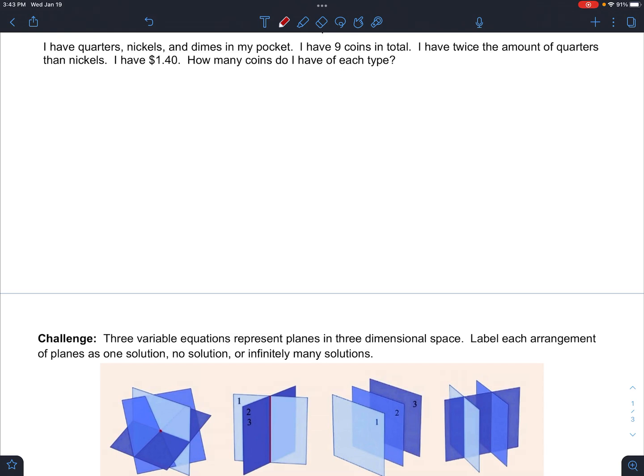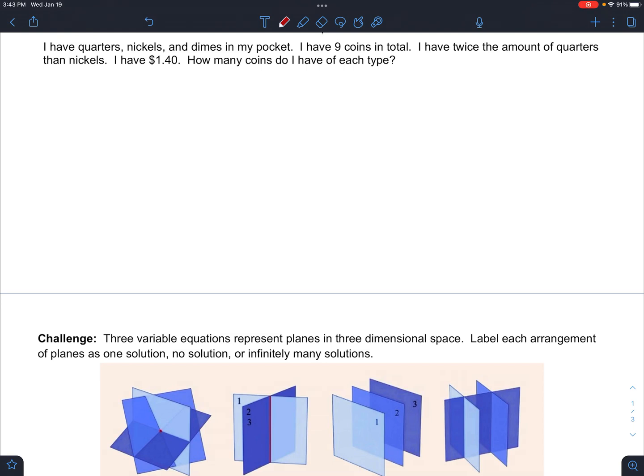So I have quarters, nickels, and dimes in my pocket. I have 9 coins. I have twice the amount of quarters than nickels, and I also have $1.40. So those are 3 sentences, 3 equations. How many coins do I have of each type? So pause the video, take 3 or 4 minutes, and see if you can come up with an answer by just trying to guess and check your way through this.